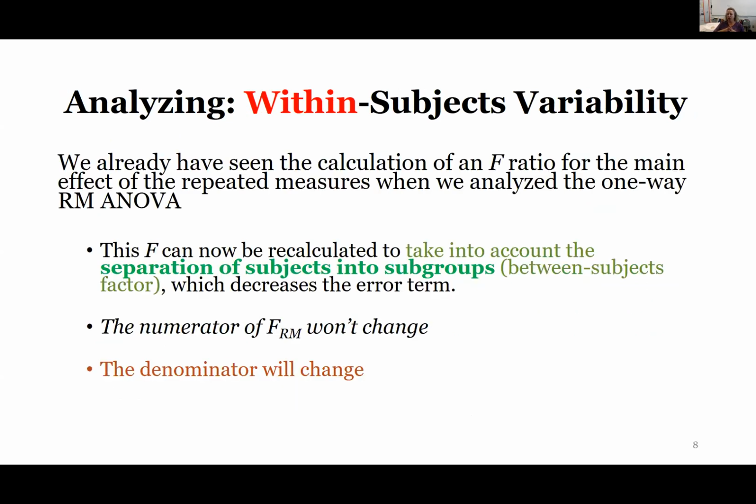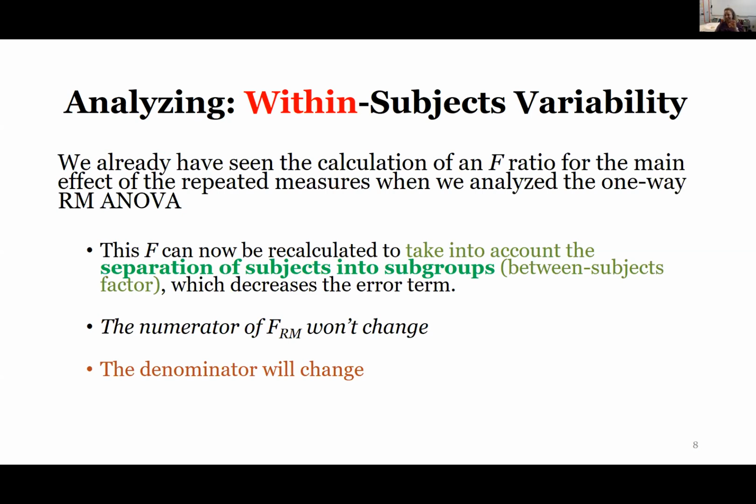So analyzing the within subject variable, we already saw that we could calculate an F ratio for the main effect of the repeated measure. And now we can take that F ratio and recalculate it to take into account the difference, but with the subjects separated into their subgroups. The top number for the repeated measure is not going to change. It's the denominator that's going to change.